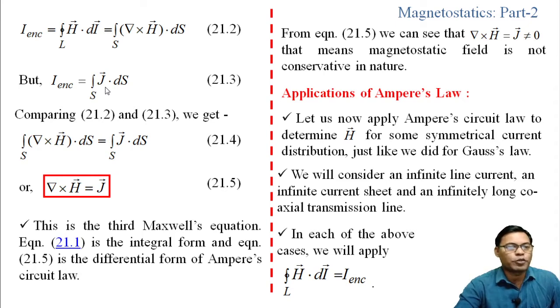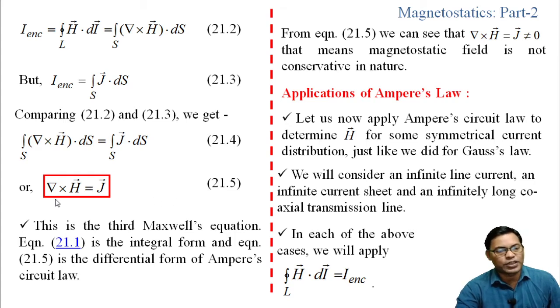Now, by comparing expression 2 and expression 3, we see that the surface integral of del cross H dot dS equals the surface integral of J dot dS. So, if the integrands of the left hand side and right hand side of equation 4 are equal, we get del cross H equals J. Here expression 5 represents a Maxwell's equation.